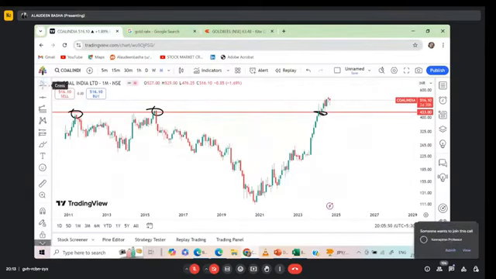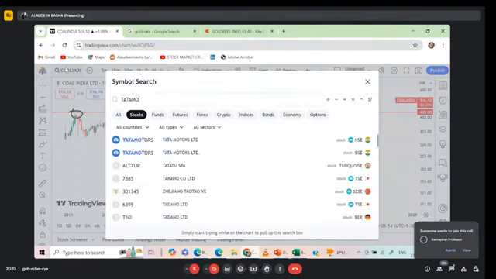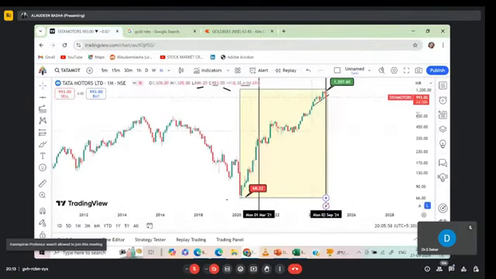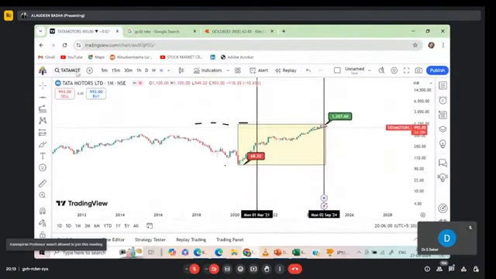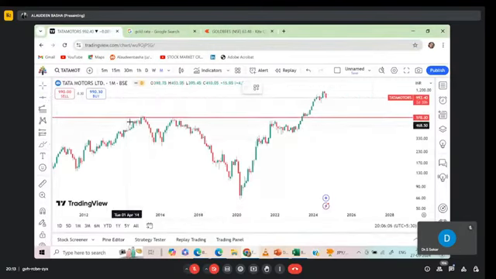Sir, Tata Motors, sir. Tata Motors is already overvalued, but it's a good gem. Tata Motors has already broken the all-time high. You missed the opportunity, the first and second. Already we missed this opportunity.